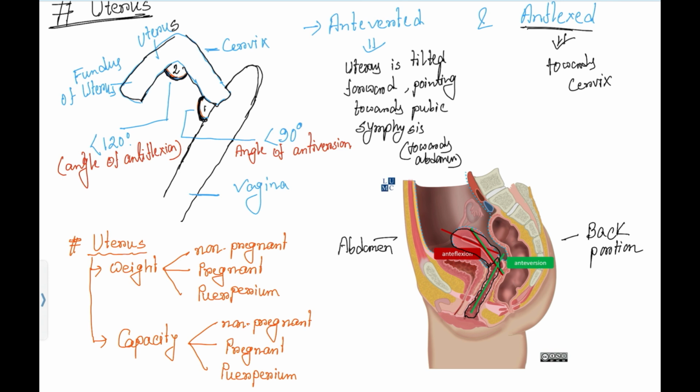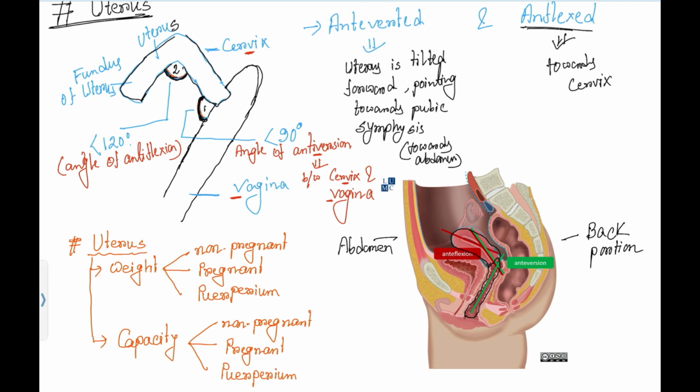Now how will you remember? Anteversion means between cervix and vagina. This V in anteversion is associated with both cervix and vagina, where the letter V is present.